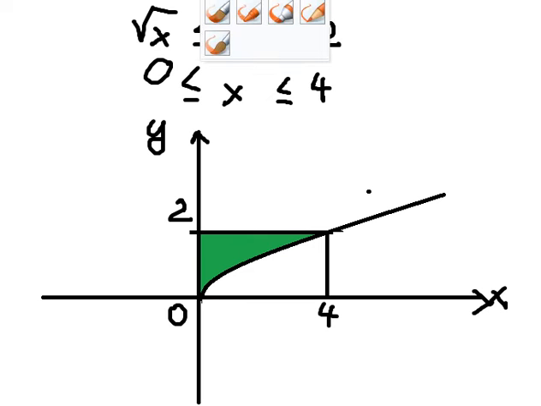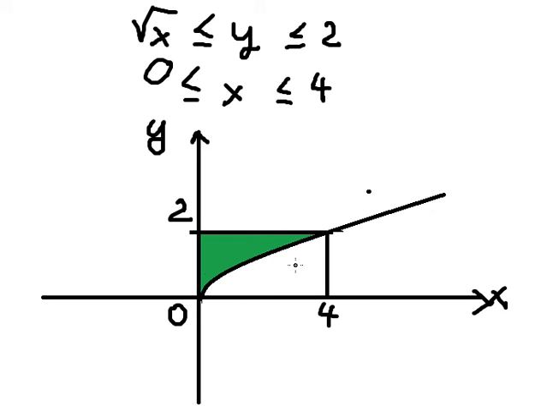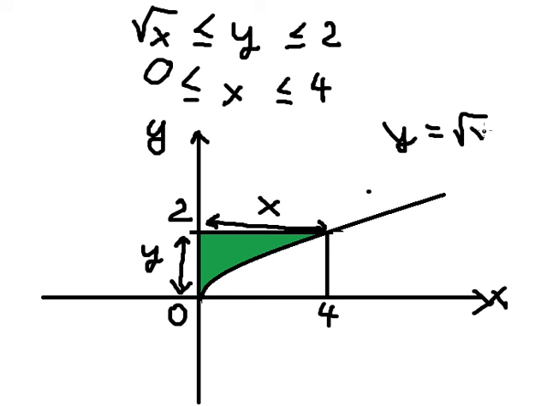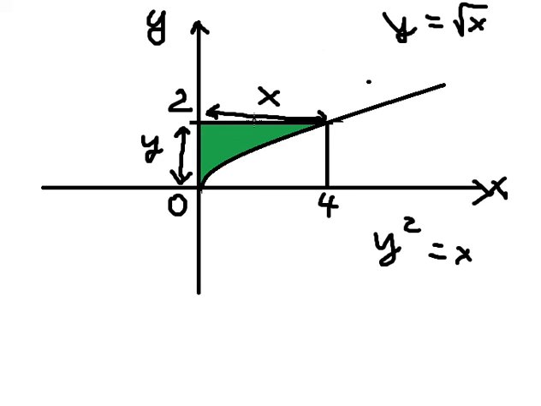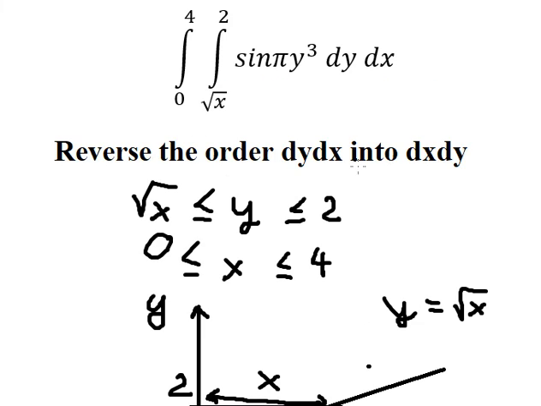Now we reverse the order. So this one is about y. This one is about x. Now we have y equals to the square root of x. If we put the power 2 on both sides, we have y squared equals to x. Now we have the bounds of dx.